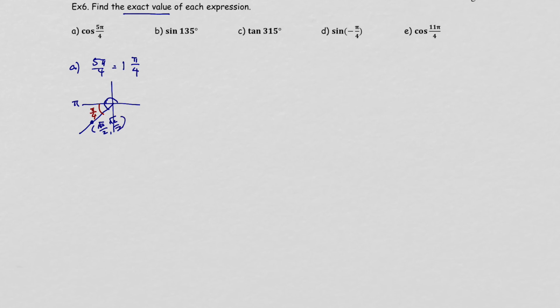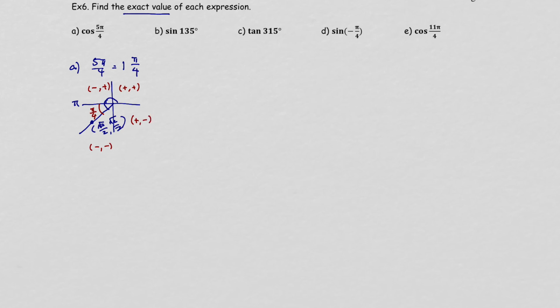One more thing that you need to know is the signs. First quadrant, all x and y will be positive, positive. Second quadrant, negative, positive. Third quadrant, negative, negative. And fourth quadrant, positive, negative.